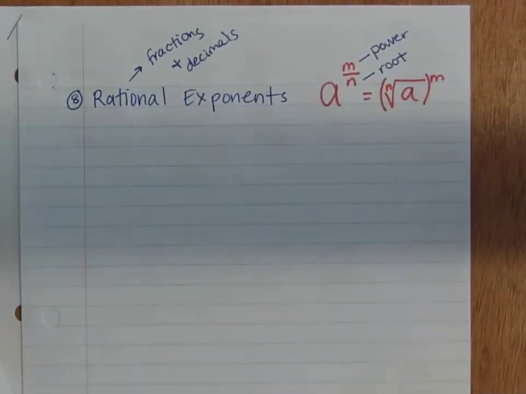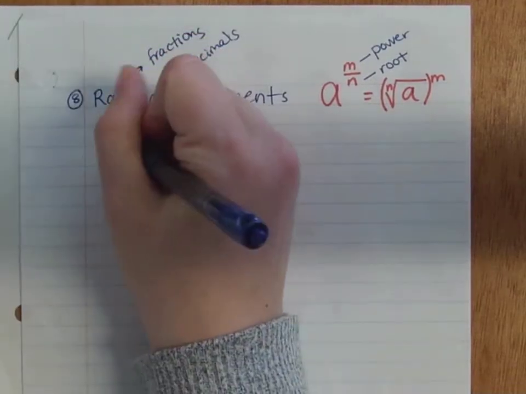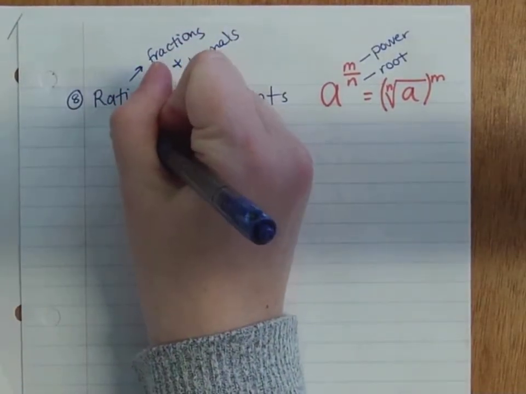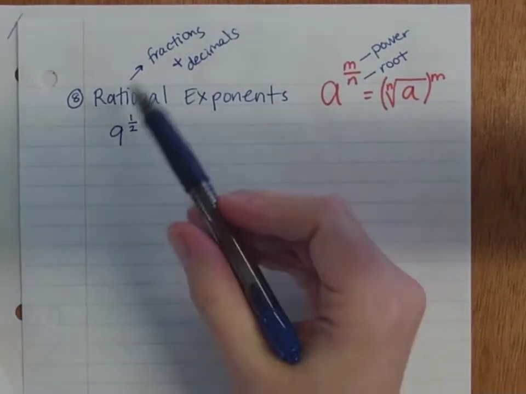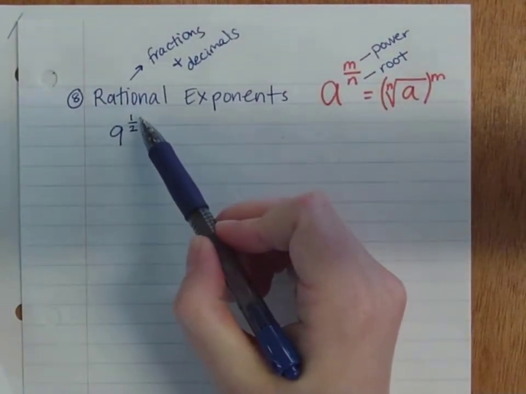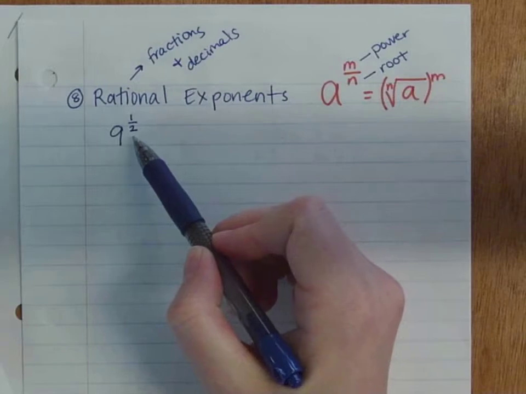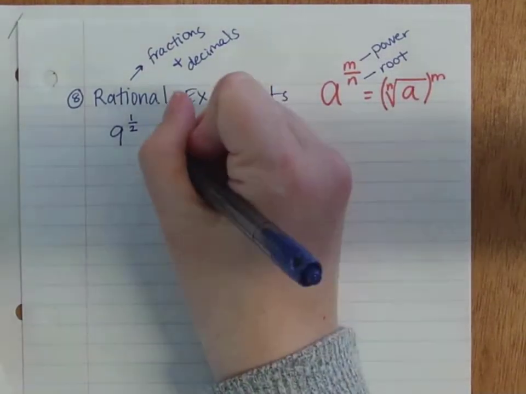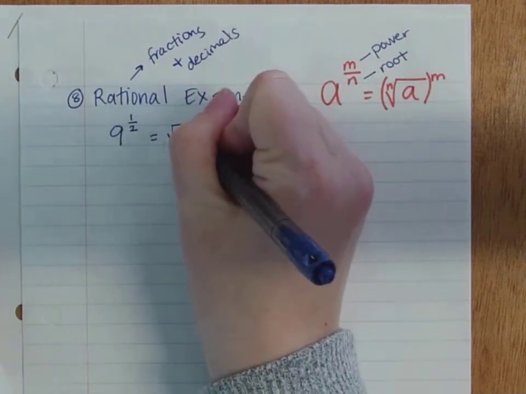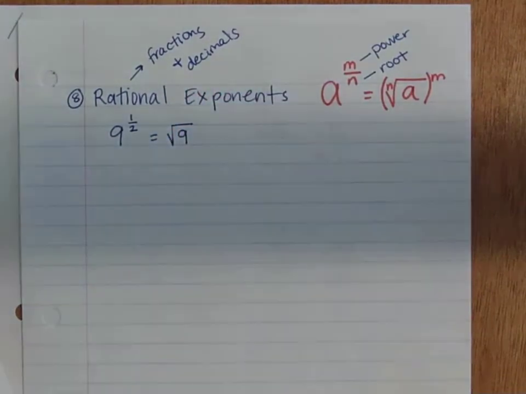All right, so let's start easy. 9 to the power of 1/2. 1 is my power, 2 is my root. So when I say my root is 2, we're talking about a square root. So this is equivalent to saying the square root of 9, which you know what the square root of 9 is.